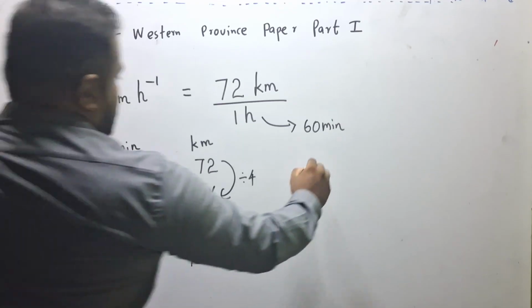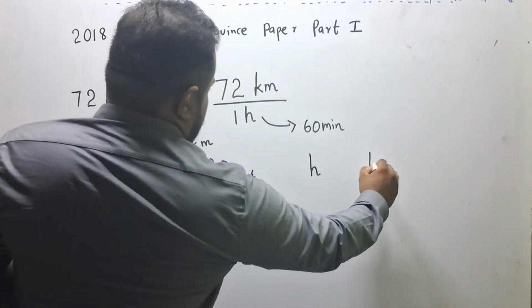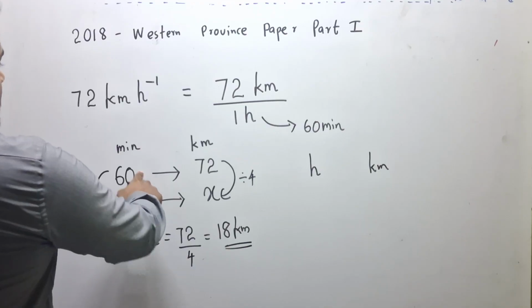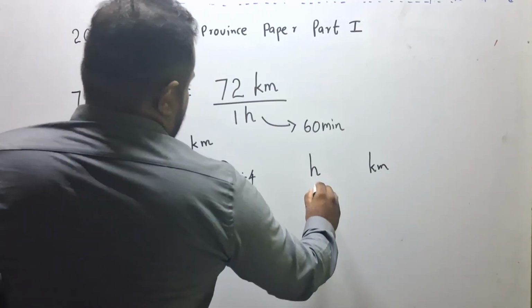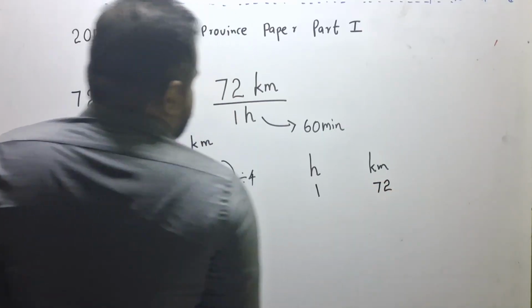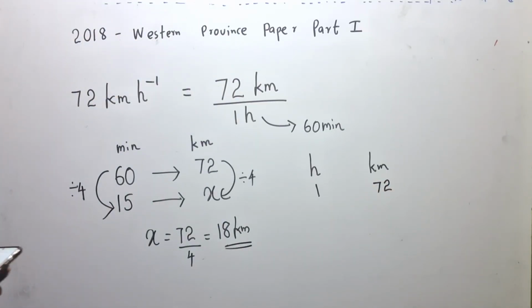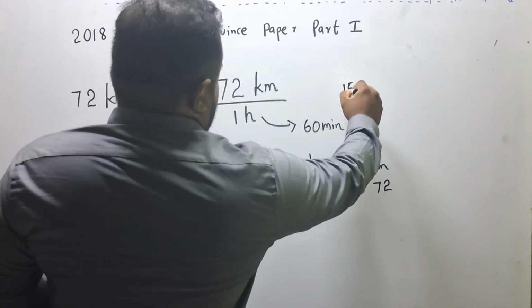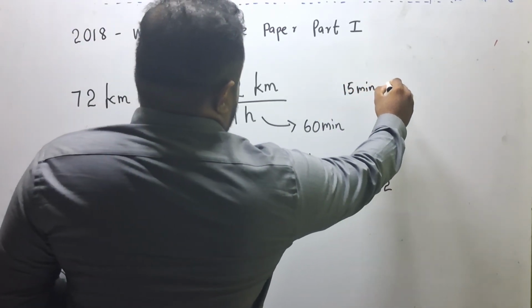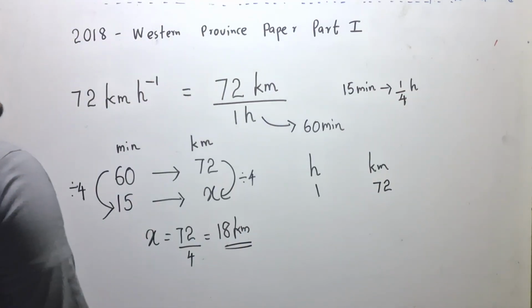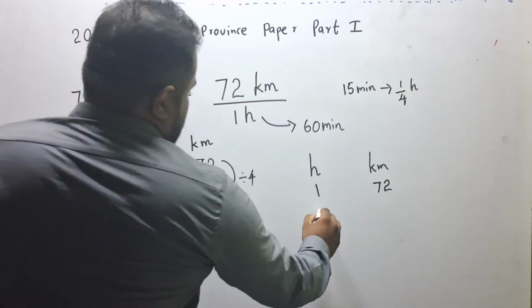Or you can use hours and kilometers. What is the value of hours? 1 hour. How many kilometers travel? 72. Then they are asking for 15 minutes. 15 minutes from hours is 1/4 of an hour. So 1/4.